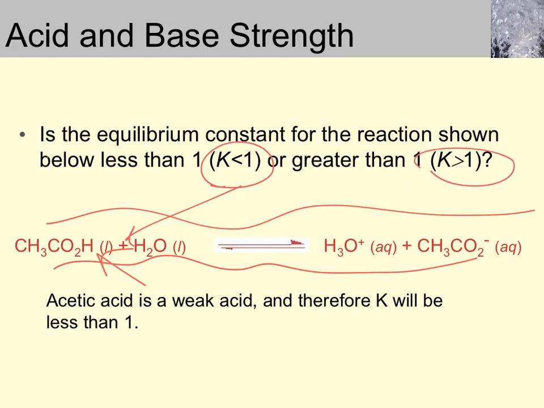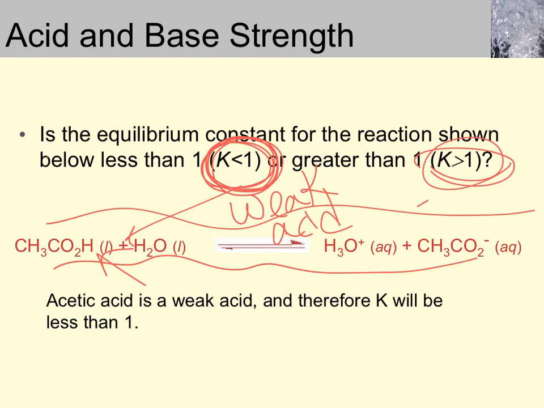I hope so by now. Just remember that if you have an equilibrium constant that's less than 1, that means there's not very much product. In the case of an acid, it means a very weak acid. And if K is greater than 1, it's not one of the 7 strong ones, but it's a stronger acid than the weaker ones.